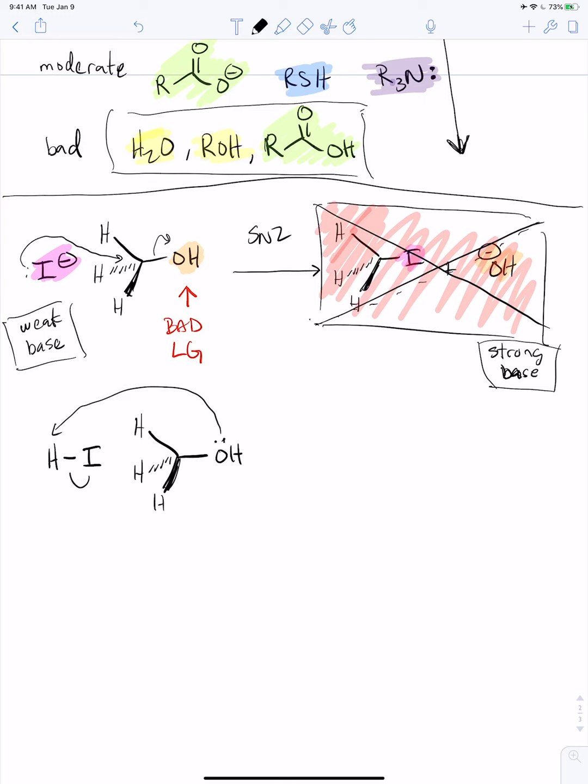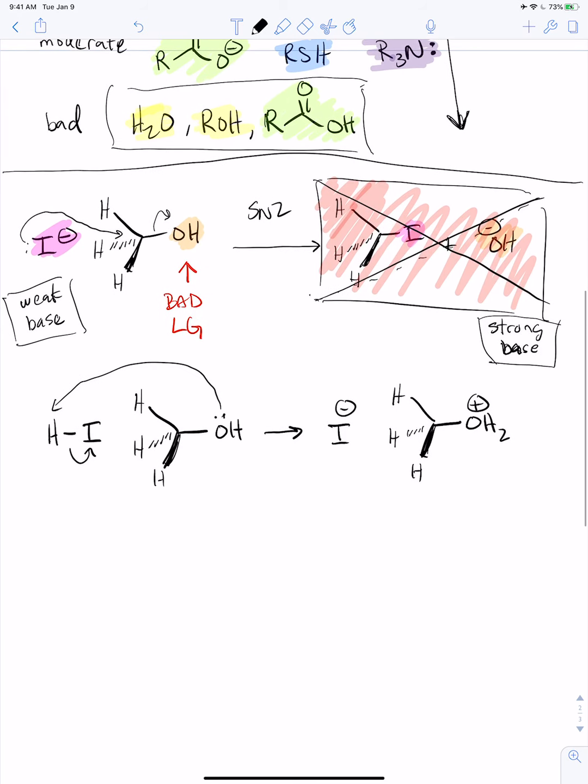And the reason is, and this is the mechanism for the reaction, in the first step I'll pick up this proton. So remember when I said most of the stuff we do in organic chemistry involves some sort of acid-base chemistry. Hopefully you took that seriously, and now it's making sense why I stress that it's important to know those things.